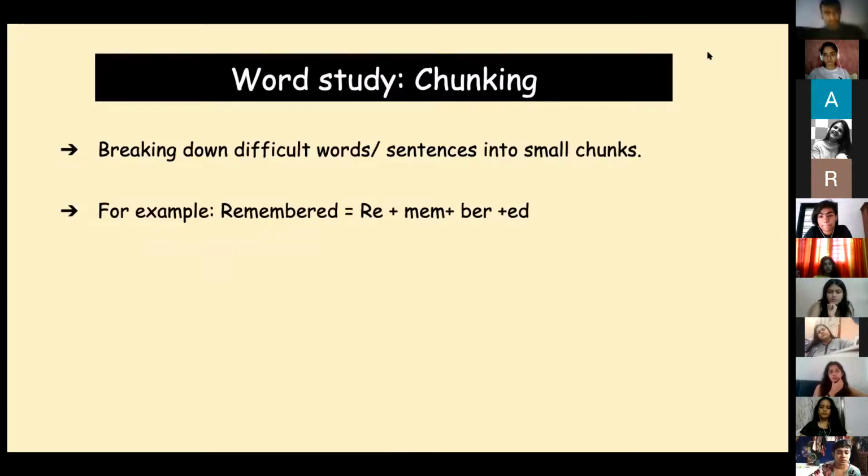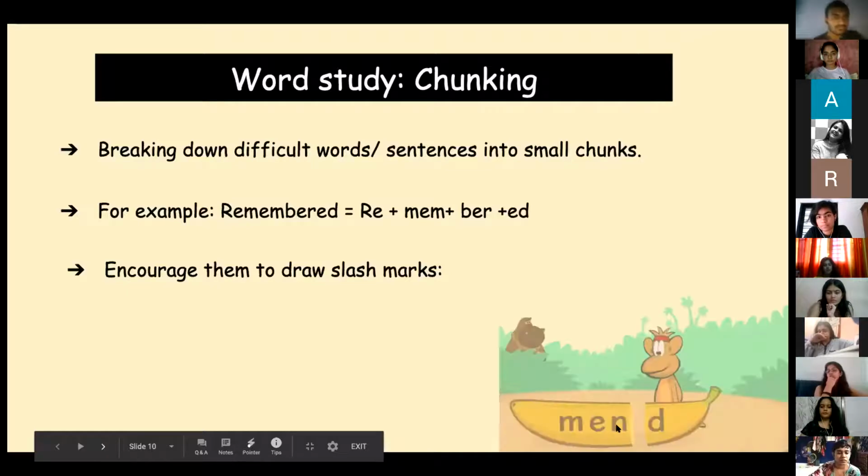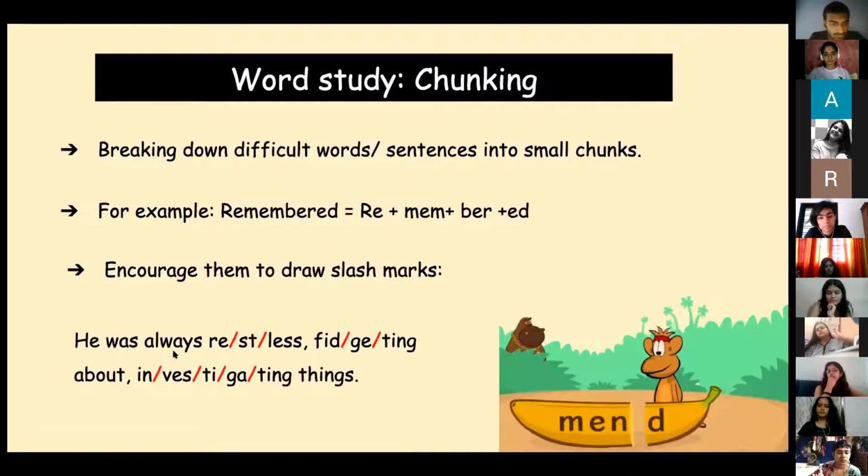This will also help them to read that word, right? One more thing we can do is ask them to draw slash marks. If the word or the sentence is too difficult for them to read, we can ask them to cut it down, chunk it, break it down, right? And this is how it's going to look.